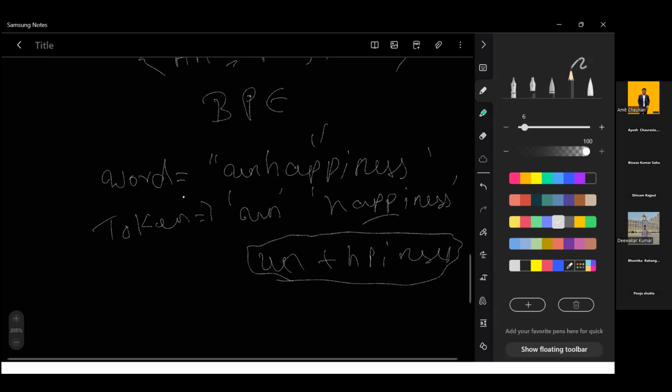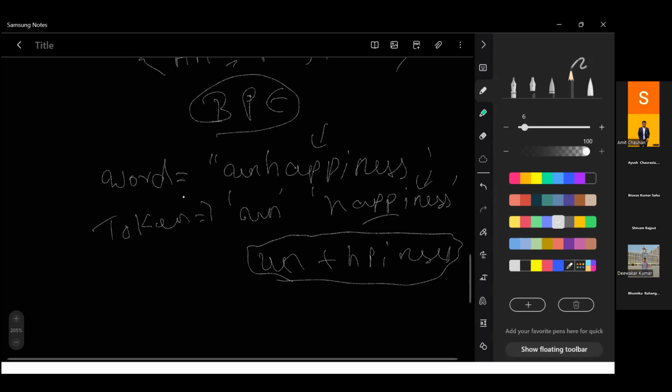Even if you pass this to word2vec, it will treat the parts as different words, since each has its own meaning. But here, if you apply this way, it will treat unhappiness as a single word. That's why these people came up with this solution.